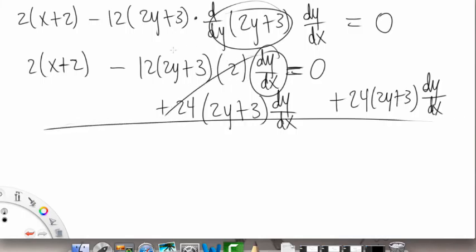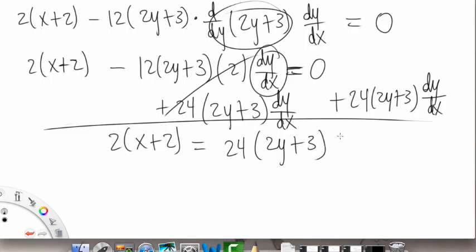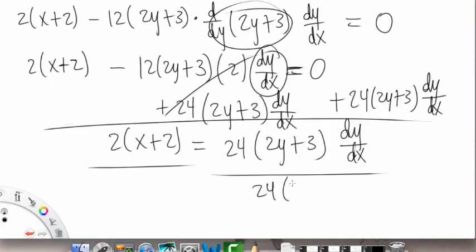On the left side, all that's left is 2 times (x + 2), and on the right side we have a positive 24 times (2y + 3) times dy/dx. Now all we have to do is divide both sides by 24 times (2y + 3).